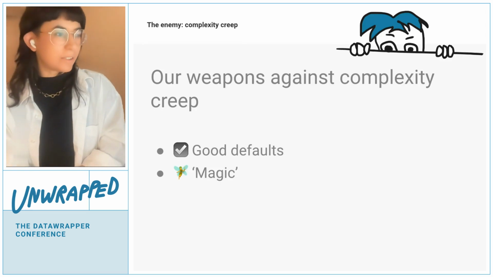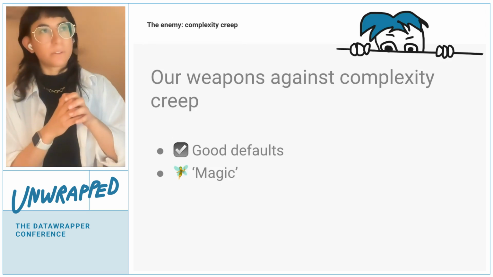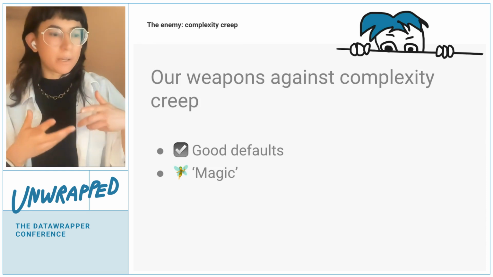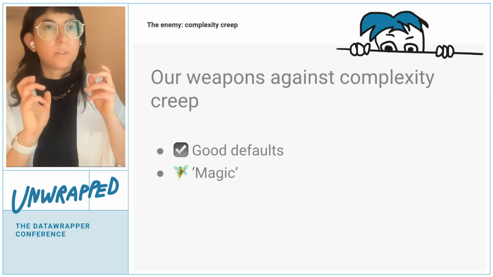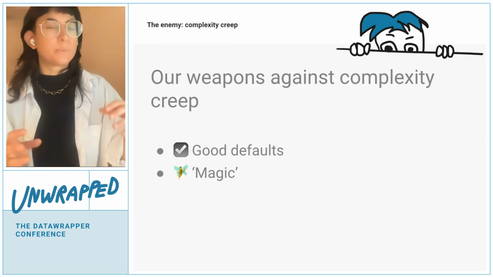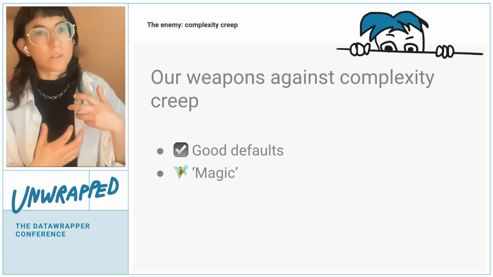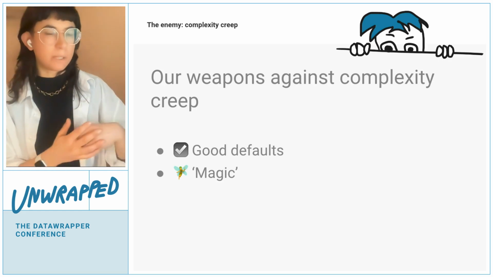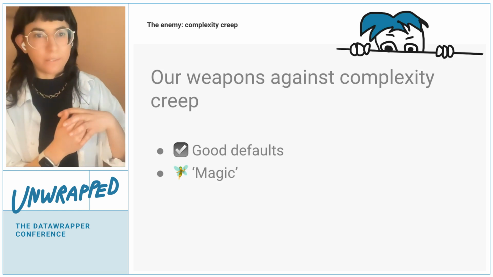Another thing that I like to call magic is, when you think about what features you might want to offer, sometimes you realize this would just be offloading complexity and decisions on the user, that would be better if we just handle it automatically. So things like what the format of the labels might be, or how much space there should be, or which one we can show depending on the available space.